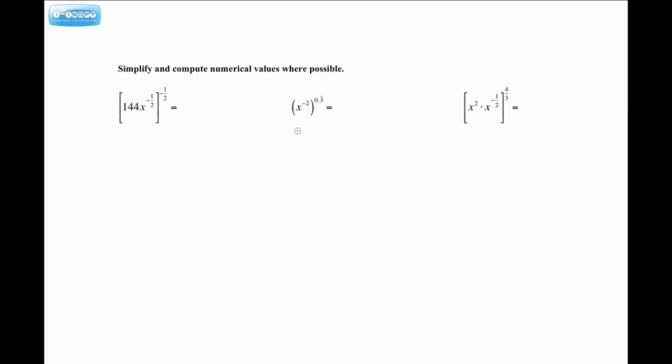All right, x to the minus 2 to the power of 0.3, and there's a little hash mark above the 3. Hopefully you remember what that mark means. It means 0.3 repeating. So it's 0.33333, and it goes on forever. Well, that can be written as a fraction.